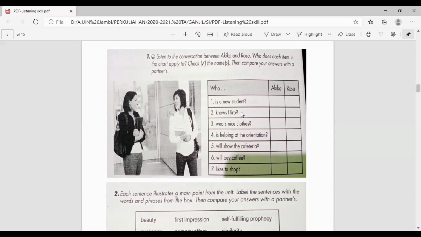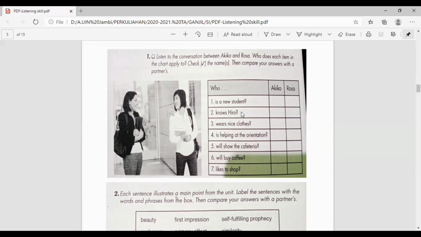How do you like it here? It's okay. I just arrived last week and it's my first time to travel alone. Oh, are you by any chance Hiro's friend? He told me about a friend who was going to be a new student here. He said you're friendly, have short hair, and wear nice clothes. He was right. That bag is beautiful, by the way.